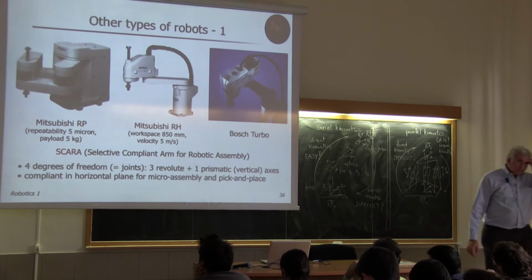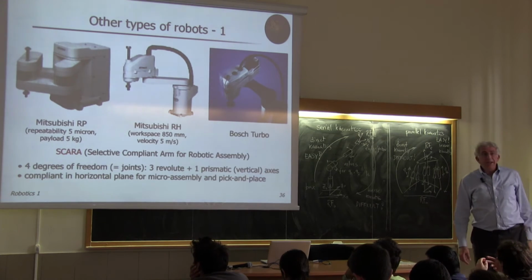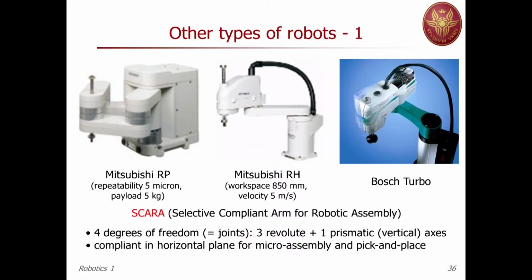Then we have seen in the brief history that we have developed last time that at some point people started designing some very special cases of serial manipulator, in fact, which are called SCARA. And here is the meaning of the acronym: Selective Compliant Arms for Robotic Assembly.